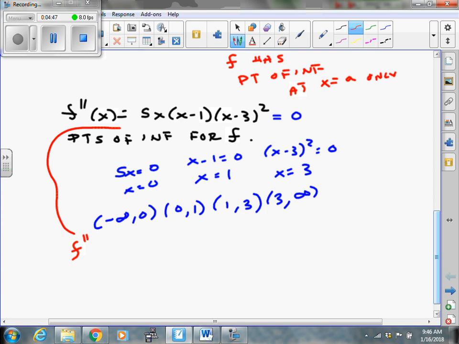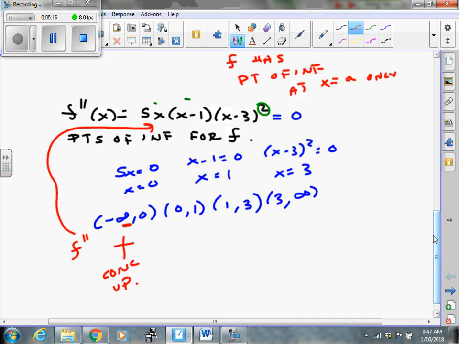If I plug in a value like -1, which would be in this region, I get a negative, and remember, this is squared here, so no matter what, it's always positive. So I get a negative, negative, that's positive. Hence, this region is positive. Therefore, it's concave up the whole time in that region between negative infinity and 0.